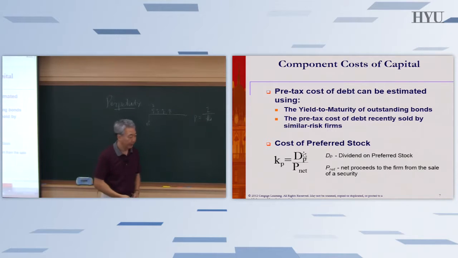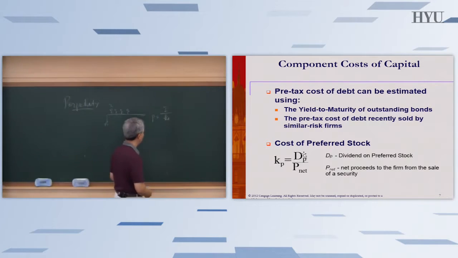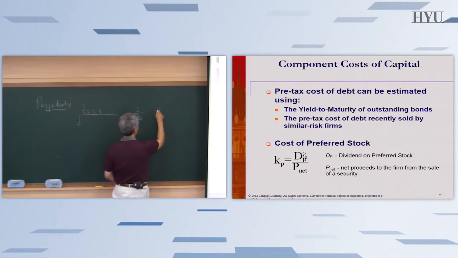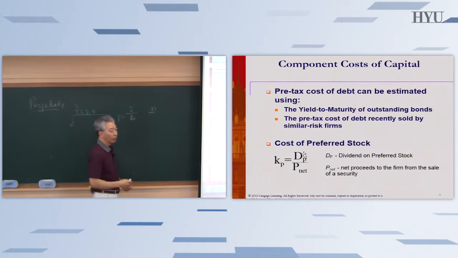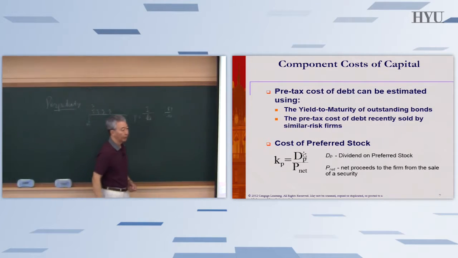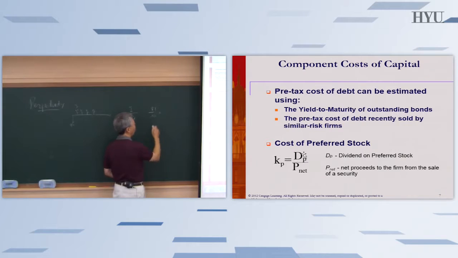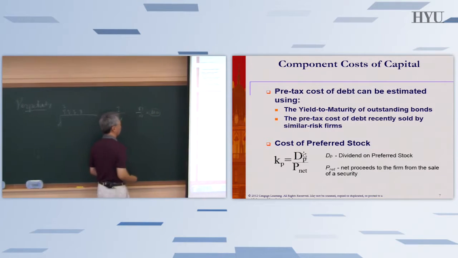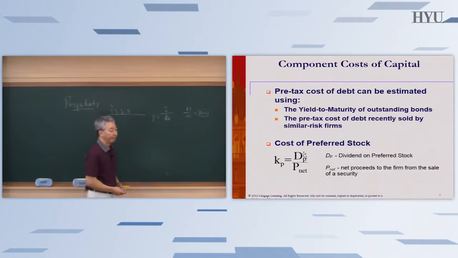So let's say you receive $1 every year as an annual coupon, and the discount rate is 10%. Then the present value, the value of that bond, is $10. That's how you calculate the present value of the bond.